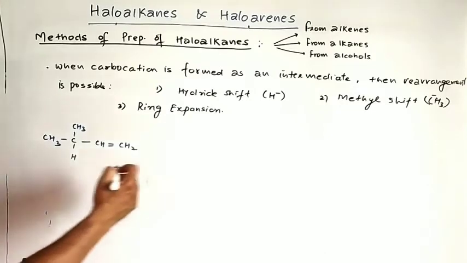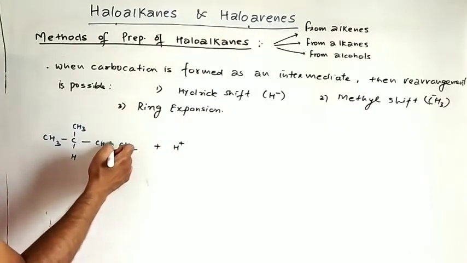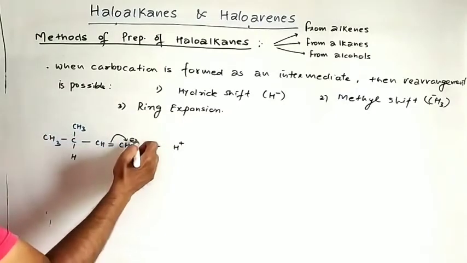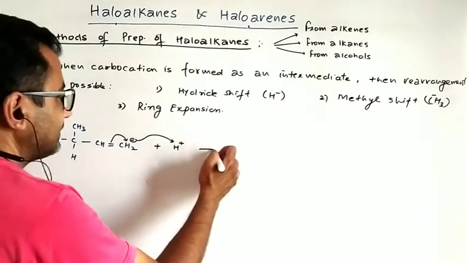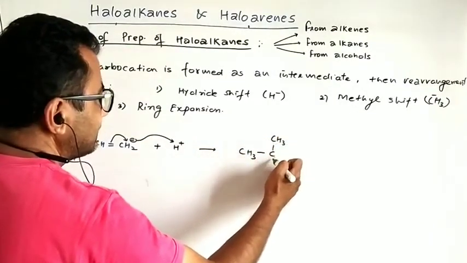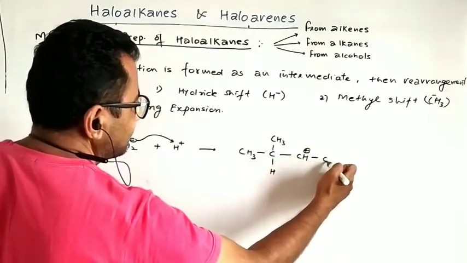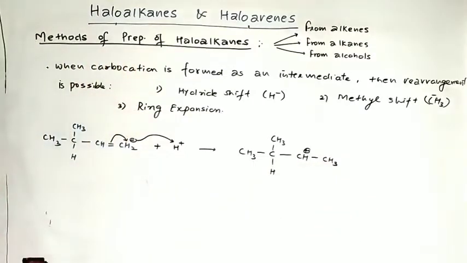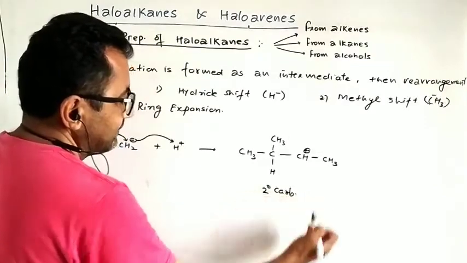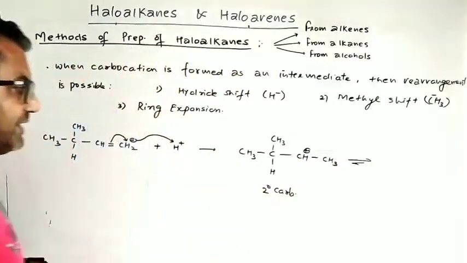Okay, now when you add H positive to it, obviously the pi bond will move to this side, because on this side there are electron donating groups, and H positive attacks to produce CH3CH(CH3)CH+CH3. This is a 2 degree carbocation. It rearranges. How does it rearrange?